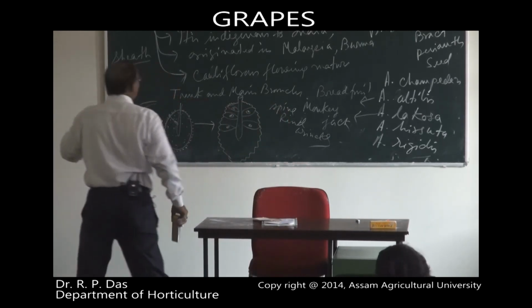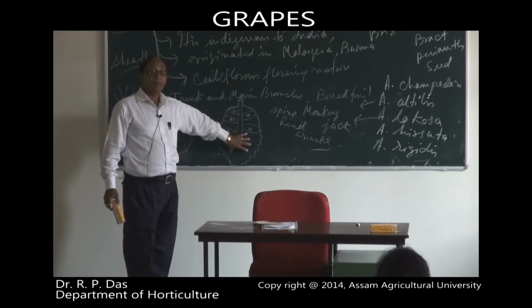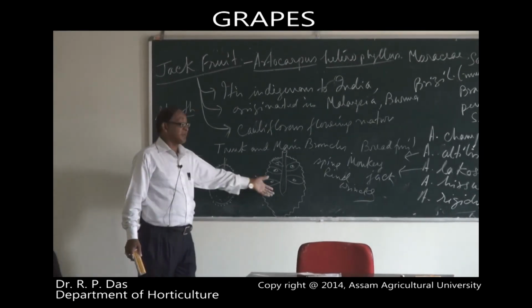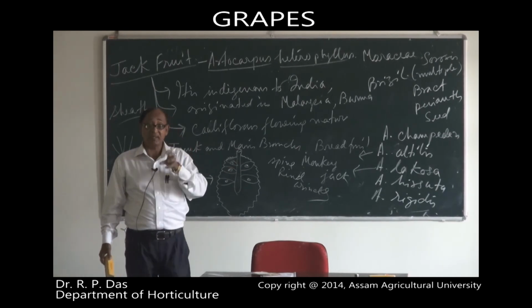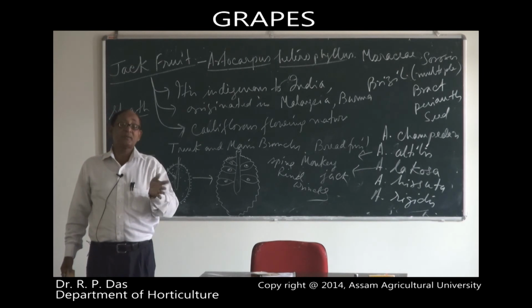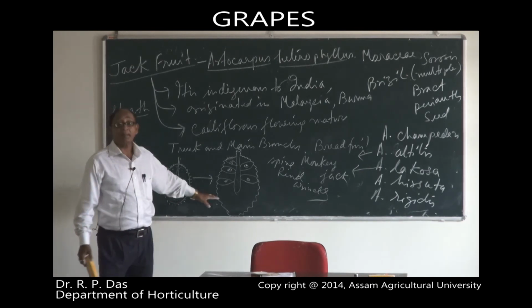So if there is good pollination and fertilization, then the number of seeds is more. If there is a lack of pollination and fertilization, the number of seeds is less. And this mostly depends upon the sunny conditions, nutrient conditions, and the healthy condition of the plant.